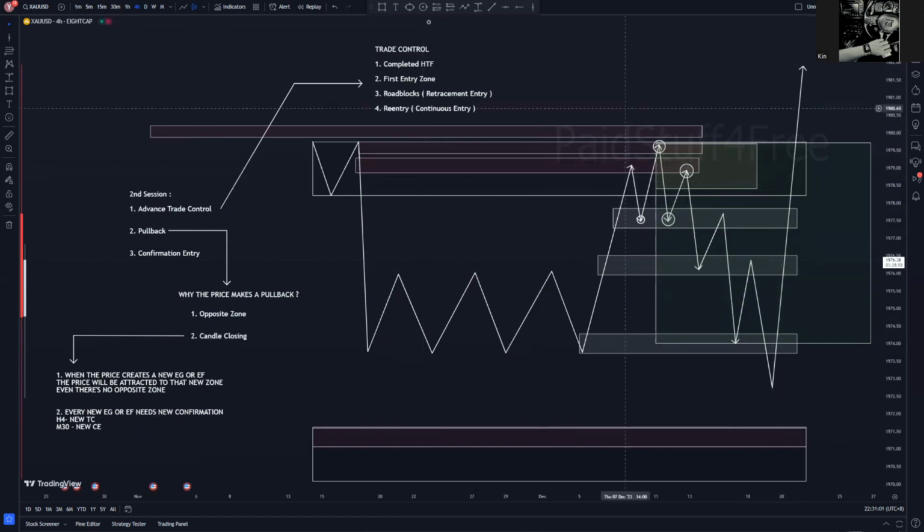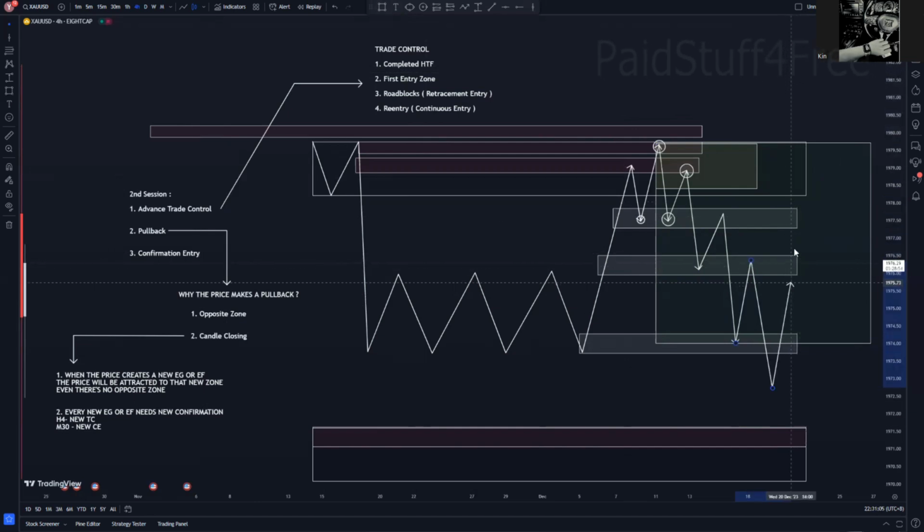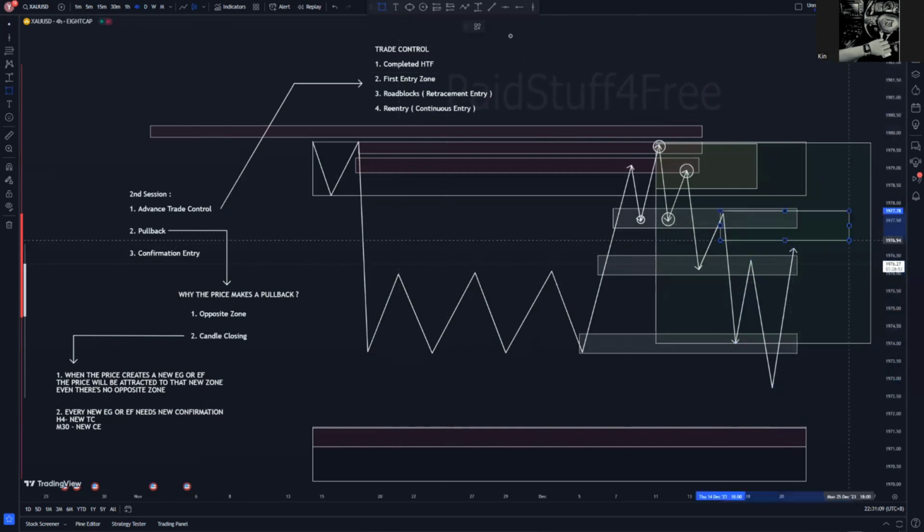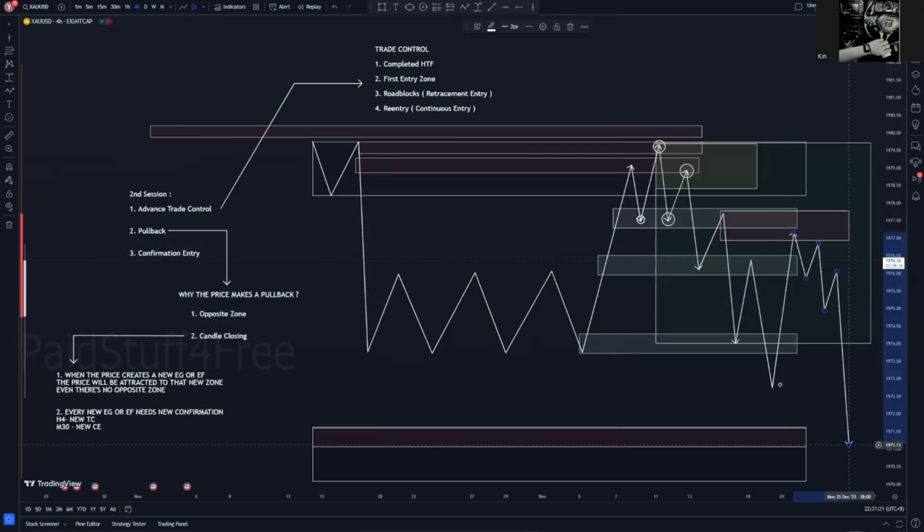If the price wants to go down, it needs to respect maybe this first entry somewhere here. After respecting the first entry, the price goes down, creates DC, and then creates EF, something like that. After that, the price goes down to our next zone.